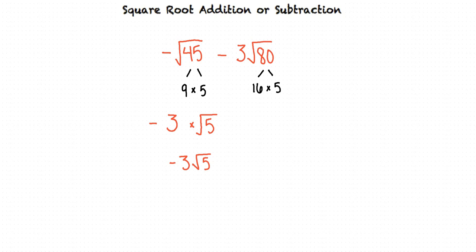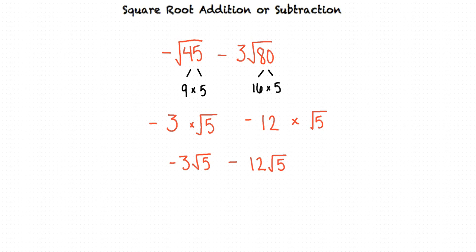So we can rewrite negative 3 square root 80 as negative 3 square root 16 times 5, which is equivalent to negative 3 times square root 16 times square root 5. The square root of 16 is 4, and negative 3 times 4 equals negative 12. Now we can see that negative 3 square root 80 simplifies to negative 12 square root 5.